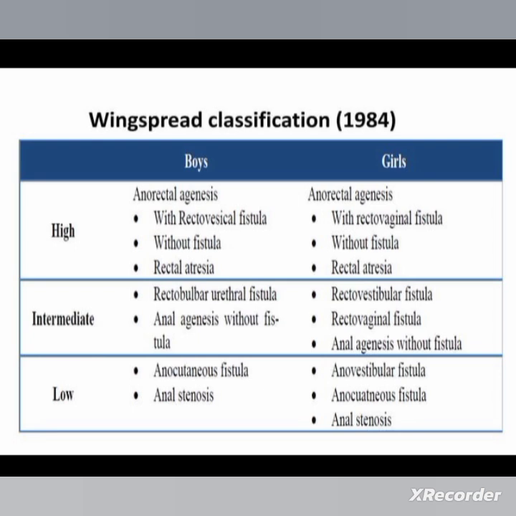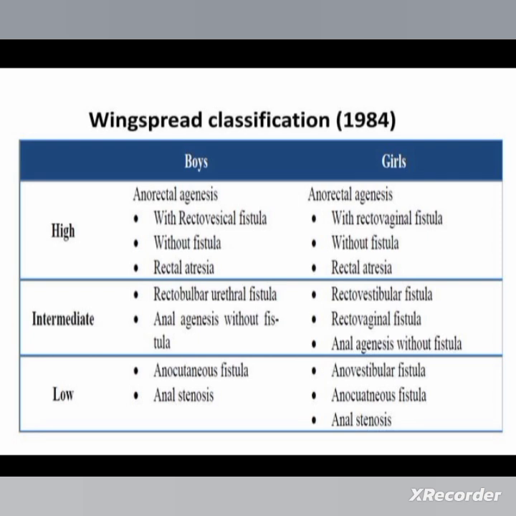The high type of ARM, in boys, presents as anorectal agenesis. In girls also, anorectal agenesis. It may occur with a retrovesical fistula or without fistula, or rectal atresia.